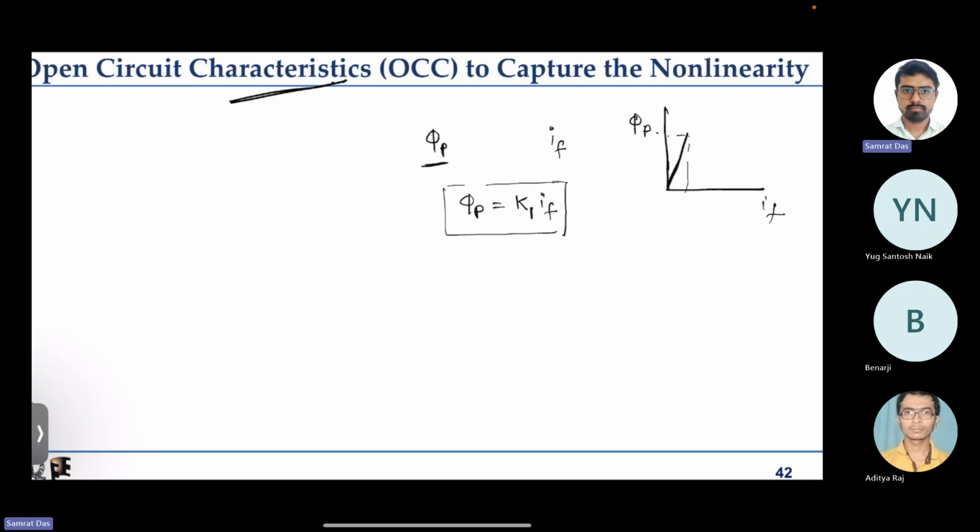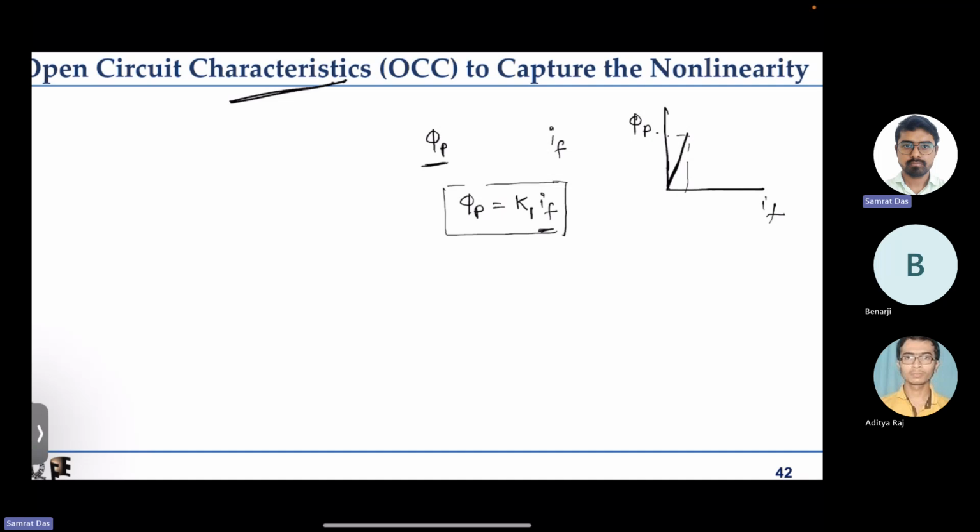But if we have two variables which are not related by a constant scaling factor, but by a nonlinear relationship, where beyond a certain value of field current the relationship does not remain linear, that means there is some nonlinearity in the system. Then how is this handled? We will get these characteristics separately, how the flux per pole and if vary with each other.